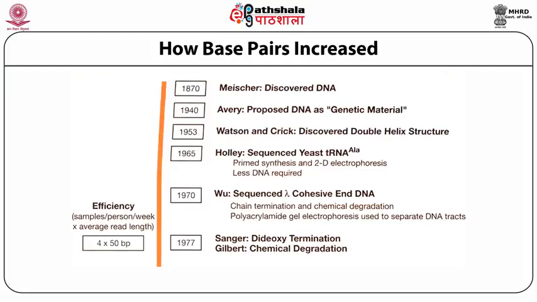When we compare this with protein, the sequencing of protein was done much earlier than that of DNA, because the structure of DNA molecules is very similar to each other. So it was very difficult to separate the very identical DNA molecules.